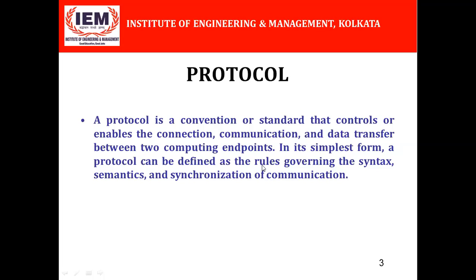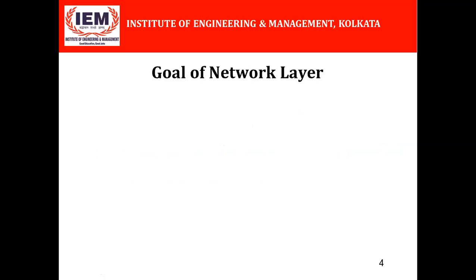So this is protocol. And when I want to tell you about mobile IP, the next issue is, what is the goal of the network layer? The main goal of the network layer is to design the right way of routing protocols.